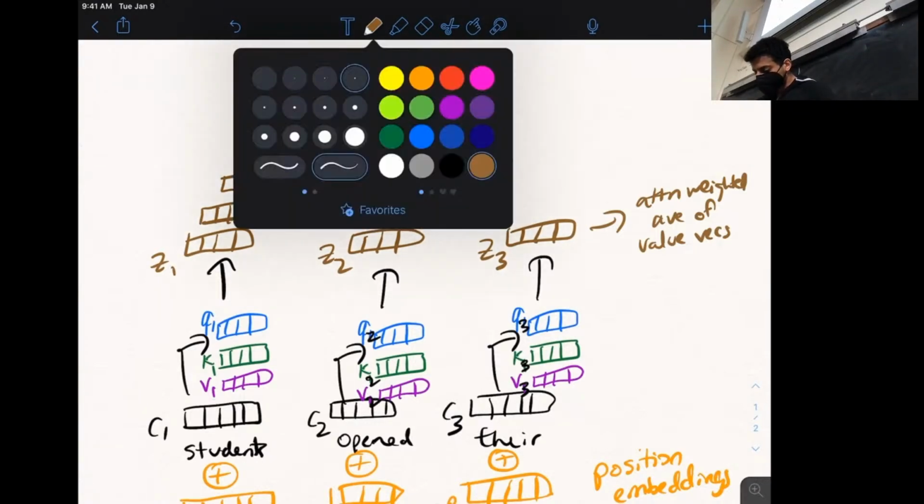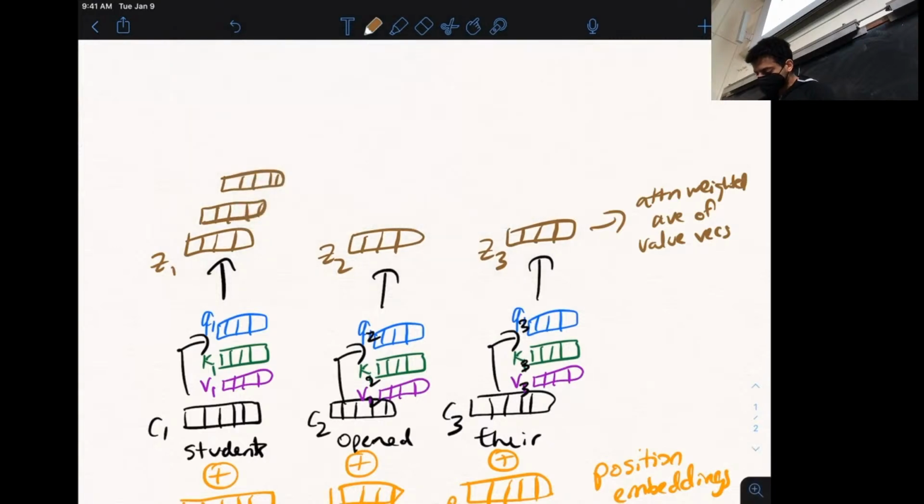Let's use this notation, where the subscript represents a position in the sequence and the superscript is the index of the head. So this is the output of the second head. This is the output of the third head. So let's say I have 3 heads.